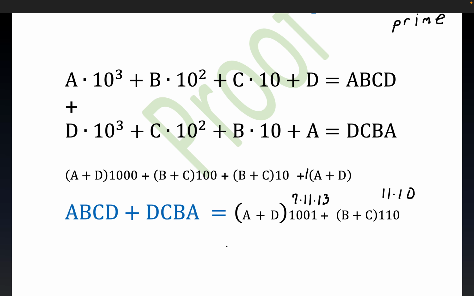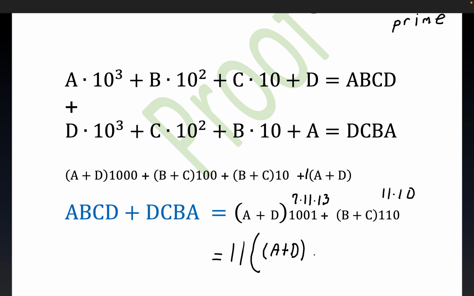11. I guess if you wanted to be a little bit more careful with this, you could write this as 11 times A plus D, and we need to know what 7 times 13 is. Is that 91?